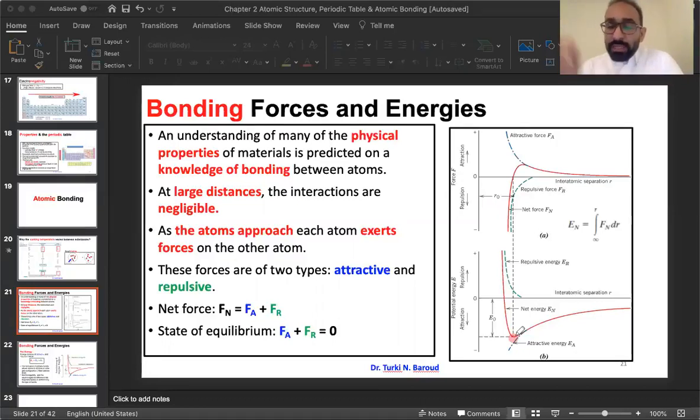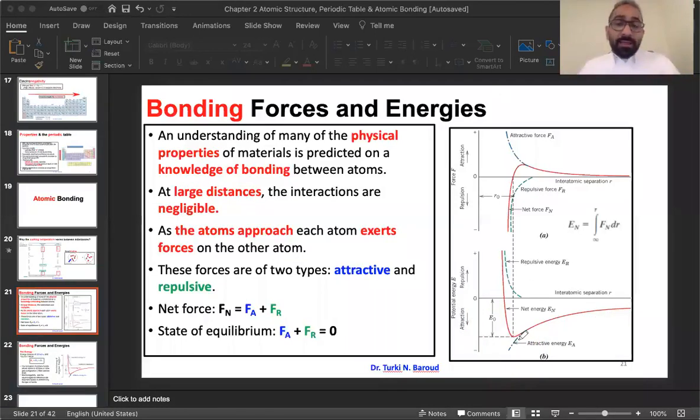If we have this curve, you notice that this point has a lower minimum energy compared with this one. That means the bonding energy will be higher. The more negative you go, the higher the bonding energy, which means the stronger the bonding will be between the two atoms.